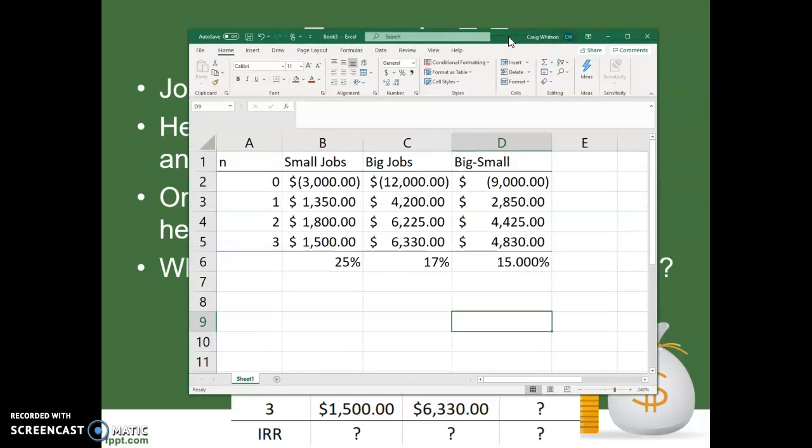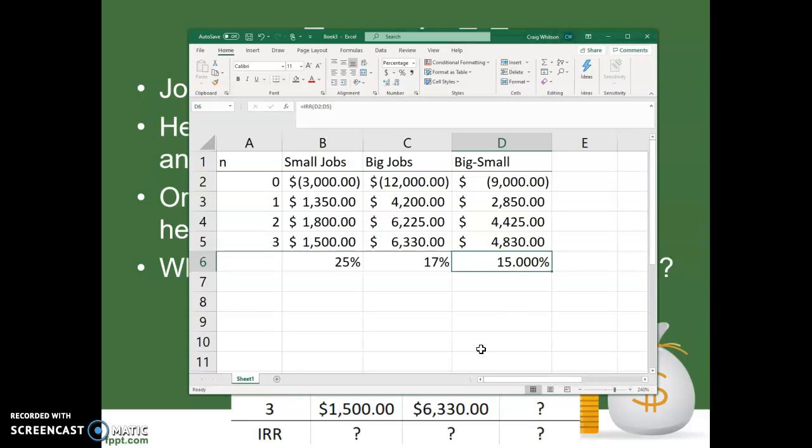And by doing this incremental internal rate of return analysis, what we found is that by subtracting the small values from the big ones, and then analyzing the internal rate of return of that cash flow series, that's 15%. So that is greater than our MARR of 10%.